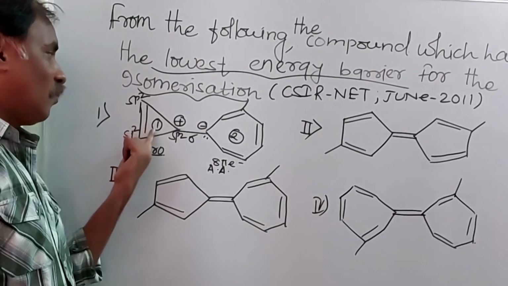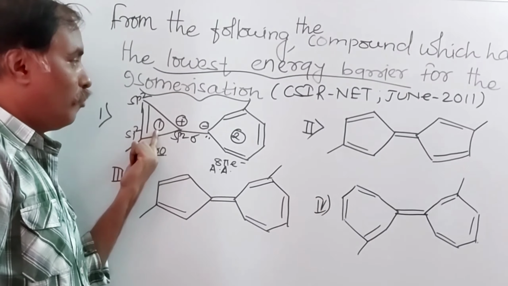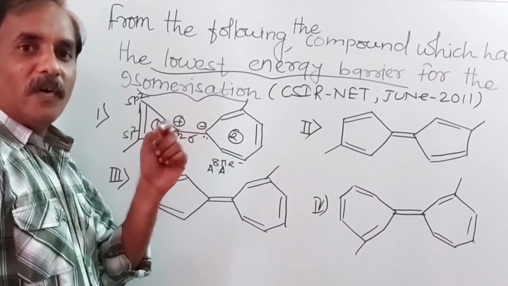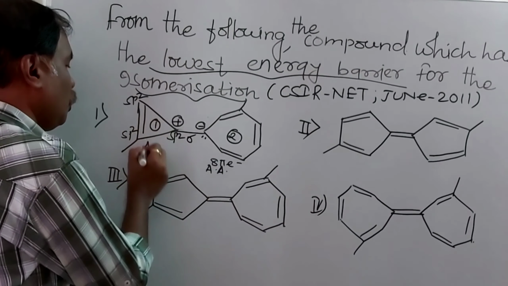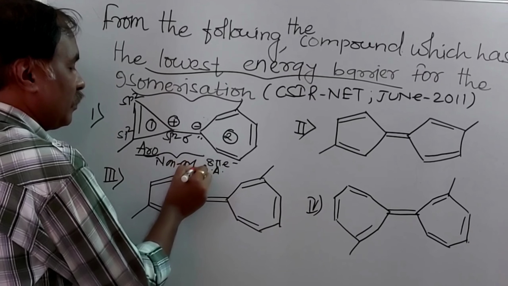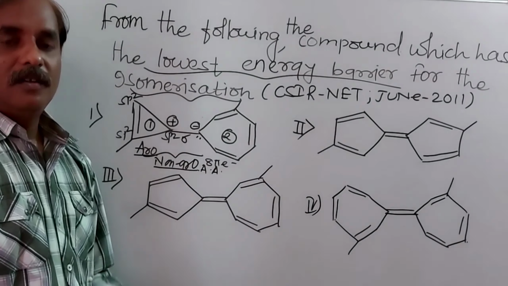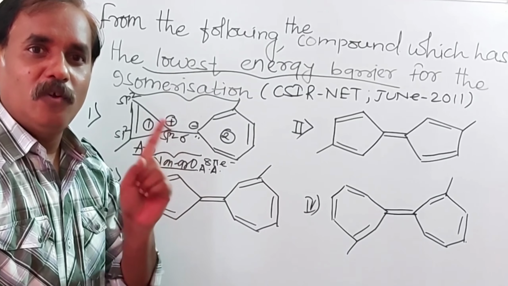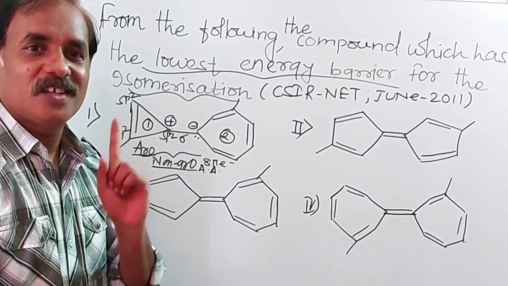Ring number 1 is aromatic and ring number 2 is anti-aromatic, so the overall compound is non-aromatic. And this is unstable. We know that aromatic compounds are stable.